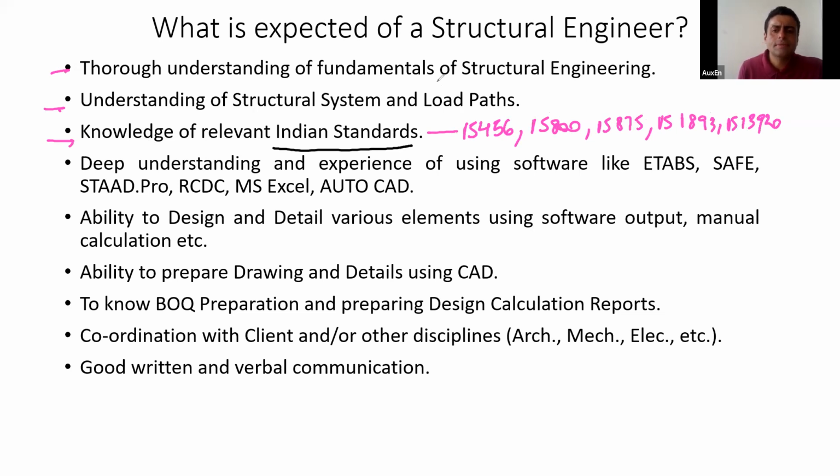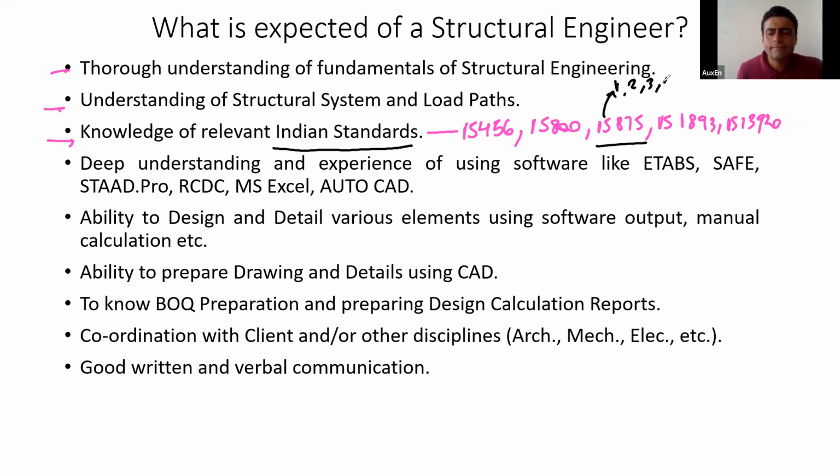What is 875 for? In the Indian context, IS 875 is the general code for loading. All sorts of loading you may refer to 875. It has various parts, part 1, 2, 3, 4, and 5.